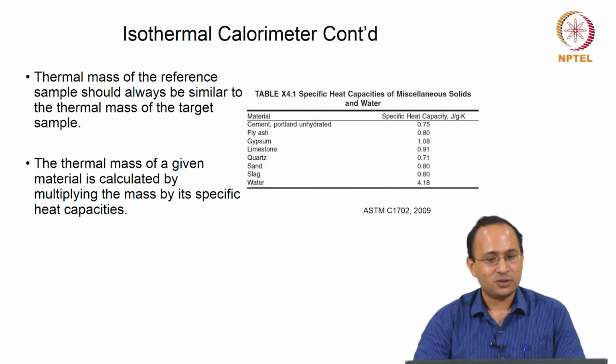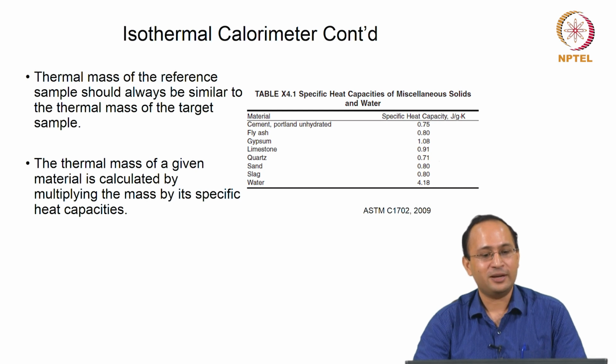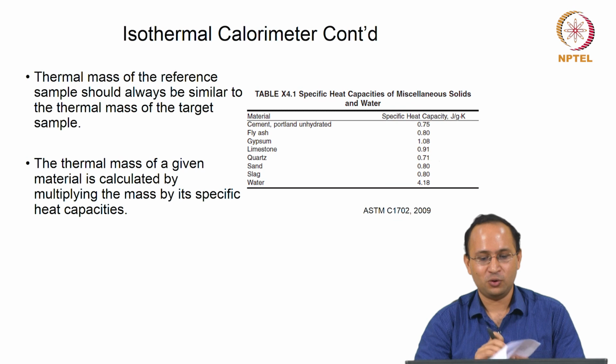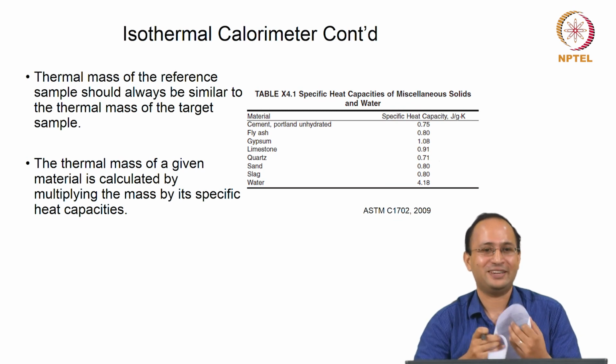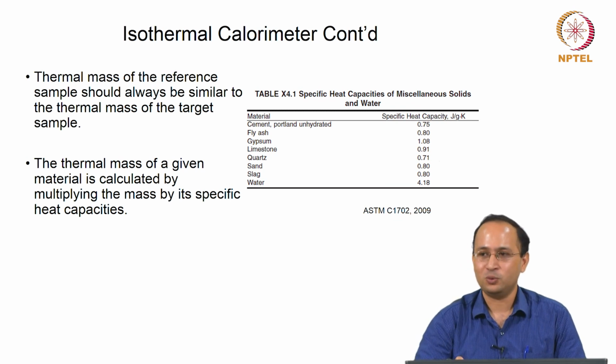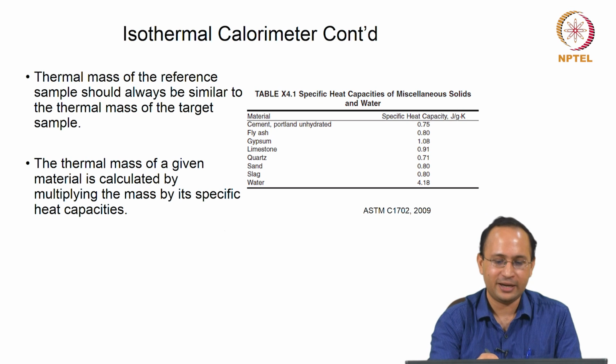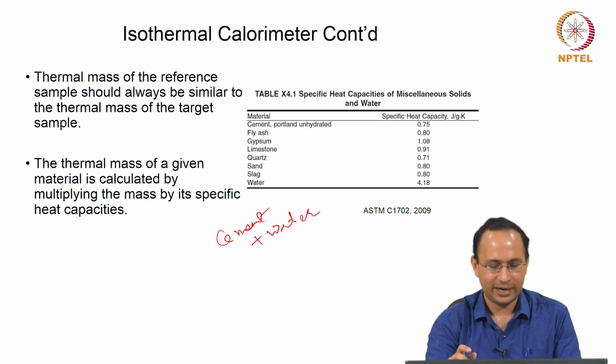The thermal mass of the reference sample should always be similar to the thermal mass of the target, very important. I will show you how we do it. Suppose you want to make a paste. You decide to add cement and water, that is how you make paste.